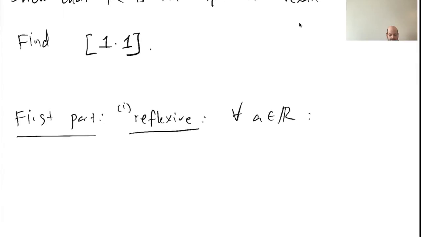We can say that a minus a, because when can I say that two elements are in relation? If the difference between them is an integer. So if I have a and a here, a minus a is 0, which is an integer. So that means a and a is in R.